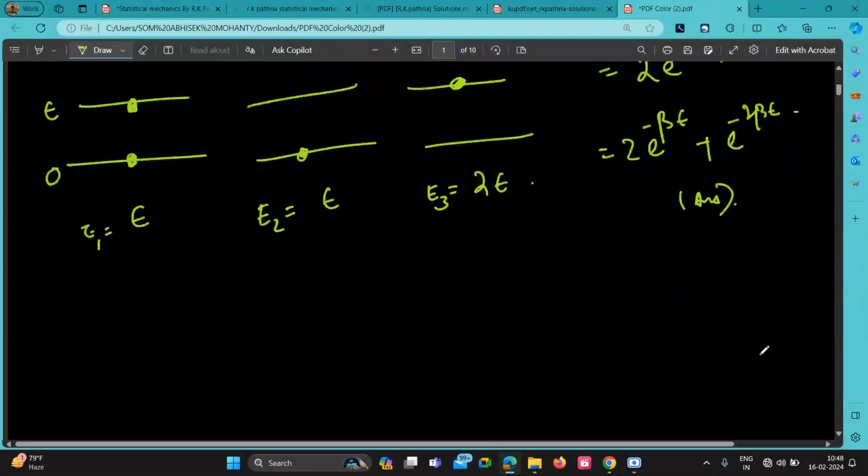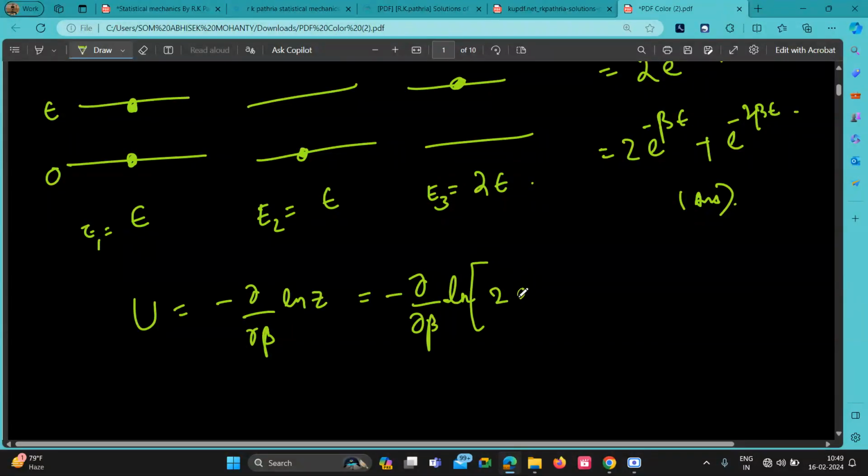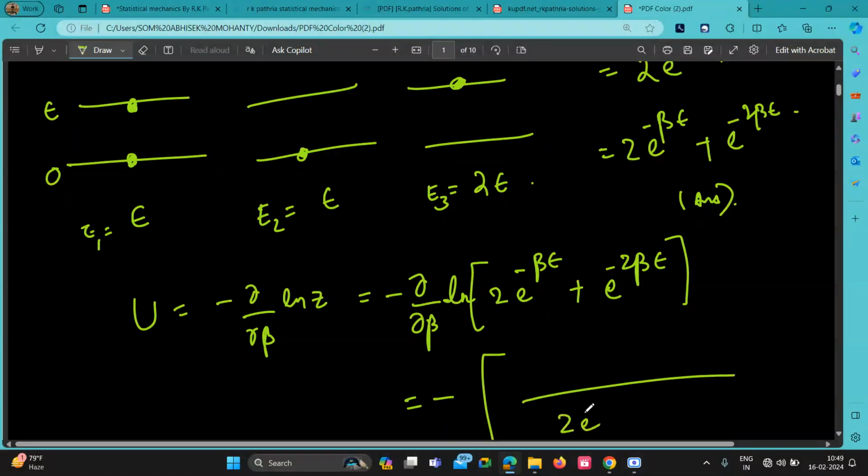Okay, how to calculate the internal energy? Minus del by del beta of ln Z, right? So minus del by del beta of ln of 2 e to the power minus beta epsilon plus e to the power minus 2 beta epsilon. So you take the derivative for it. Minus is there outside. 1 over 2 e to the power minus beta epsilon plus e to the power minus 2 beta epsilon.